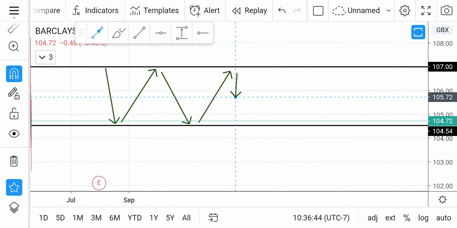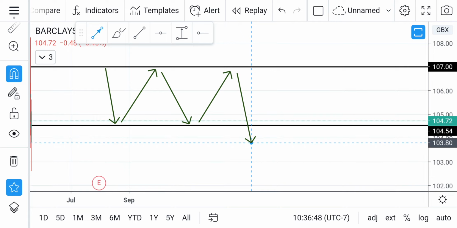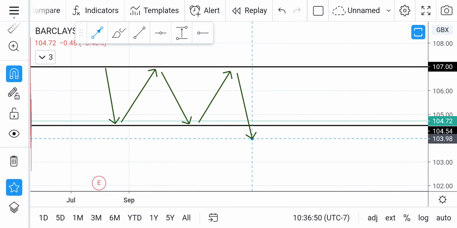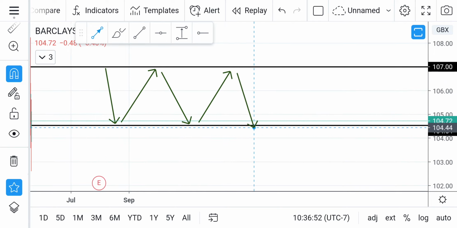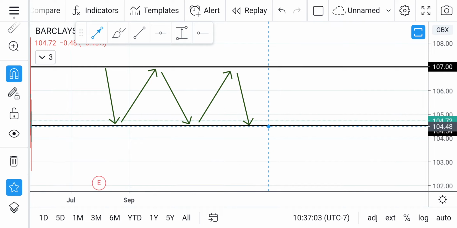All these arrows represent candlestick patterns. So it's going to break below support. Normally buyers are expecting it to just stay here and bounce back up like normal, like it has been doing.